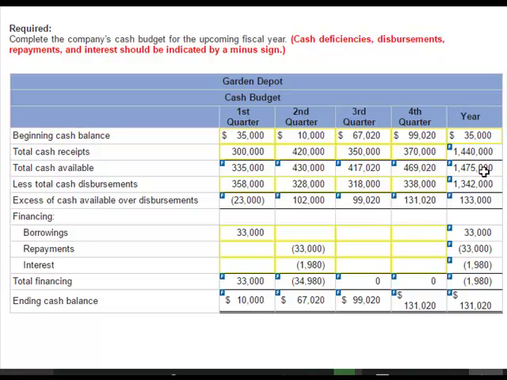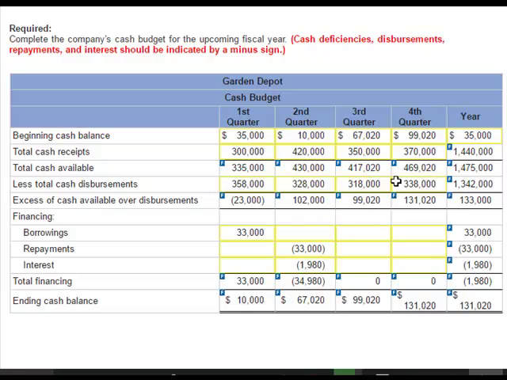For our total cash available, we won't add these numbers across because each of these includes the beginning cash balance. Instead, we're just going to add this totals column down. So the $35,000 plus the total cash receipts equals the total cash available for the year.